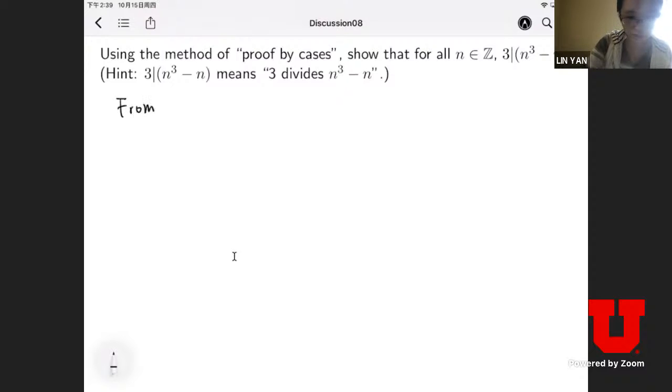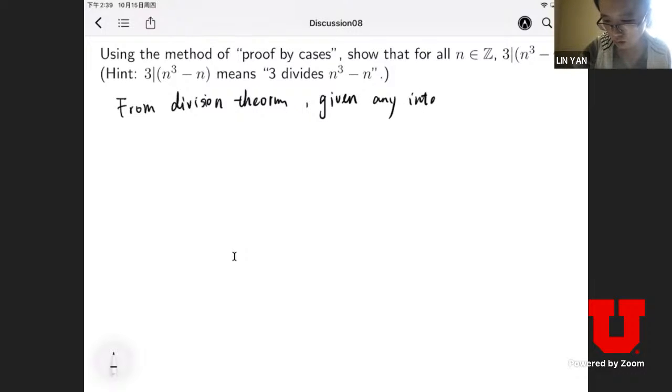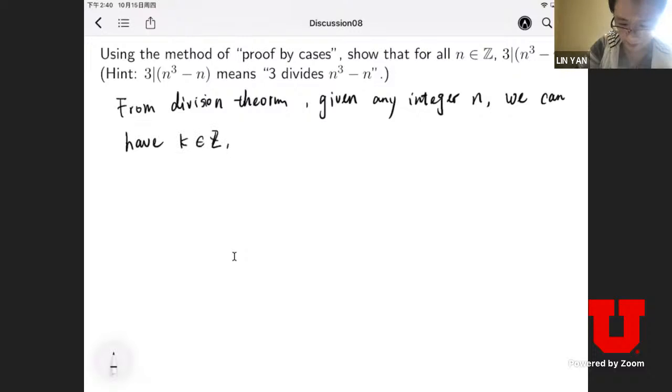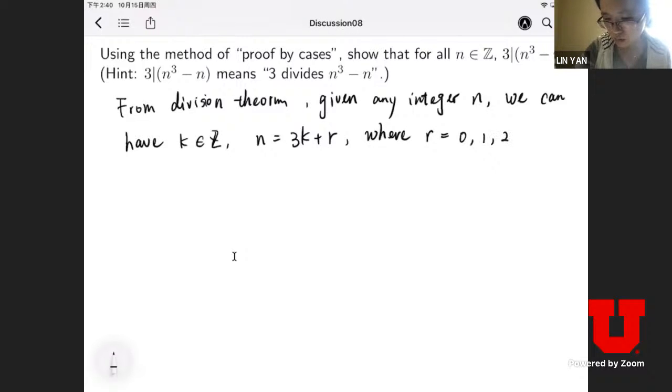For this problem, we need to prove it by cases. From the division theorem, given any integer n, we can write it as n equal to 3k plus r, where k is also an integer, and r is the remainder, which can be 0, 1, or 2.